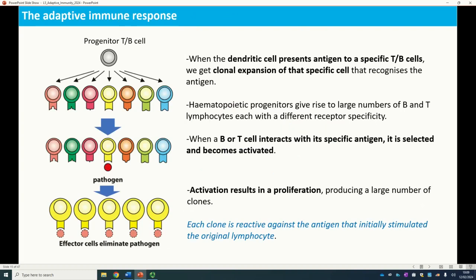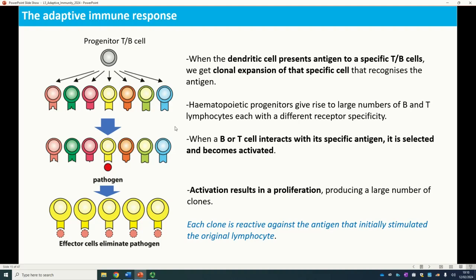Now, when it comes to an adaptive immune response, we're looking here at B cells and T cells, but for the sake of it, let's just say that this is a T cell, because the T cells are really the key players, the master controllers of the adaptive immune response, if you like. Obviously, we have a whole range of T cell clones, basically different specificities.